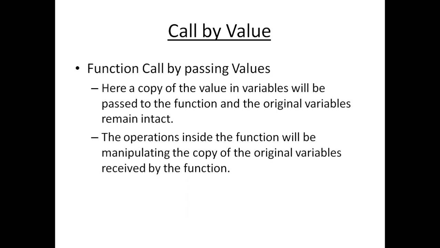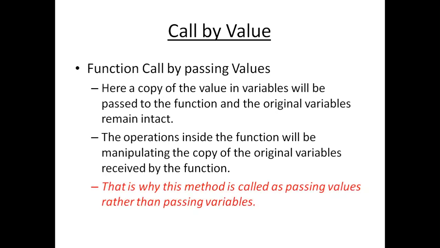The operations inside the function will be manipulating only the copy, not the original variables. And that's why this method is called passing values rather than passing variables. So we are passing the values in the variable, not the variable as such.